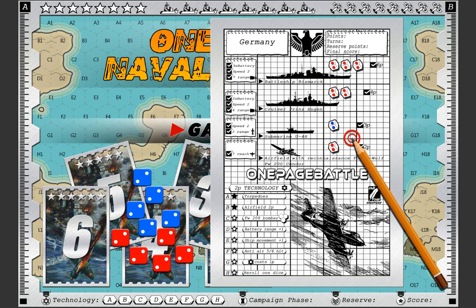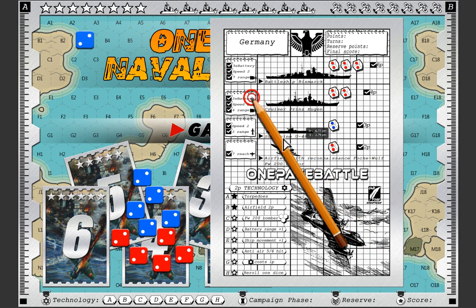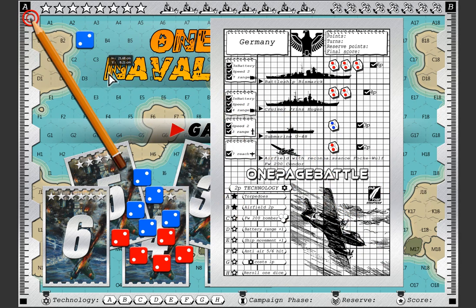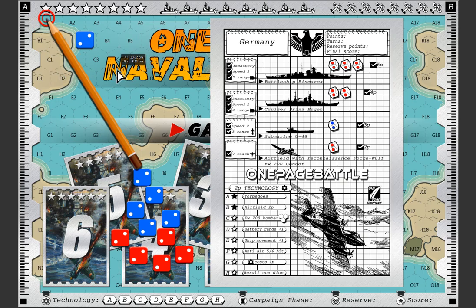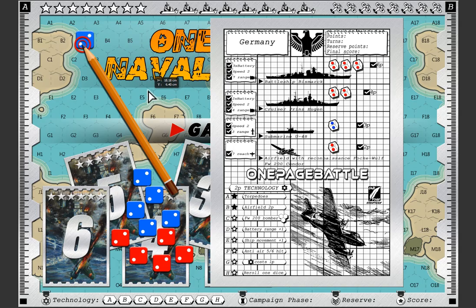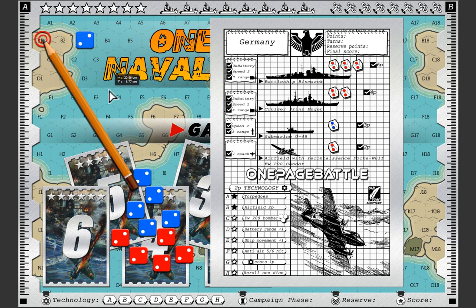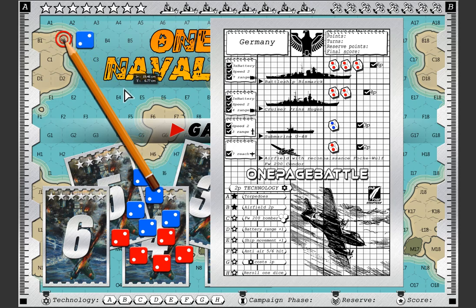For instance, if we would like to place some U-boats during the initial deployment, our U-boats must be placed somewhere on the left side of the map if the left side is our starting location. So we can place our U-boats on this area or this one, because you can see here there is land and we cannot place the U-boat on land.